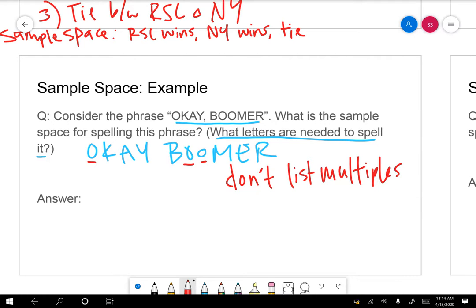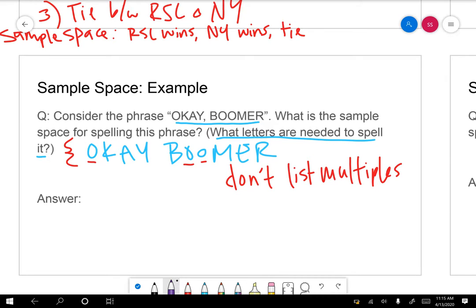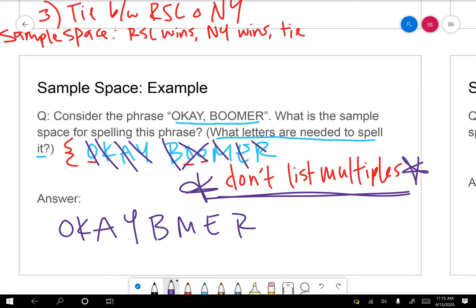Okay, so instead of writing this whole thing for the sample space, our sample space is actually going to be, let's use purple, O, K, A, Y, B, and we already used O, so we don't need to write it again, M, E, R. Okay, so again, the important thing with sample space is that you do not list multiples if there are any. Okay, hopefully that example makes sense.